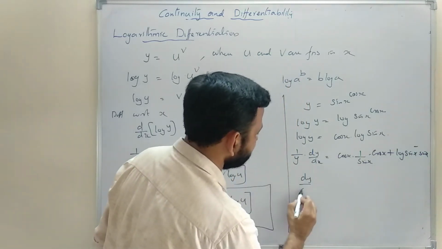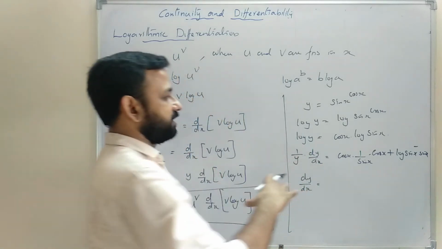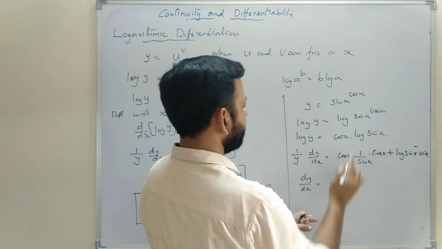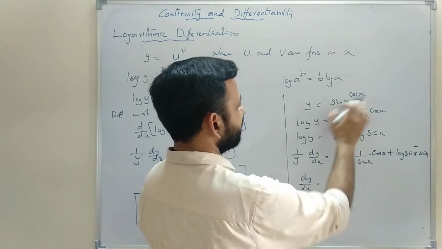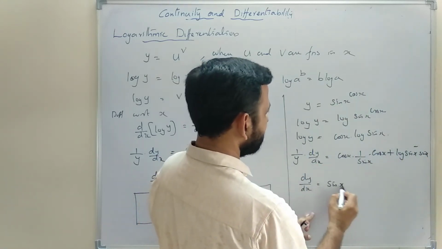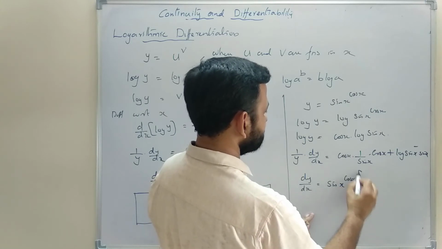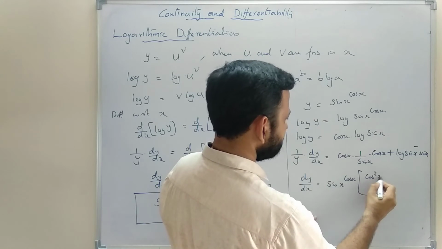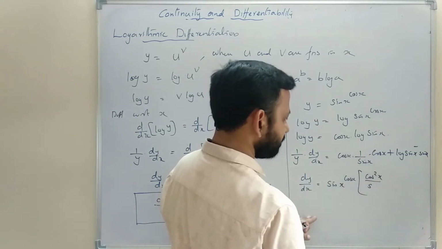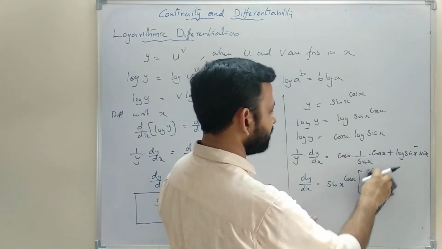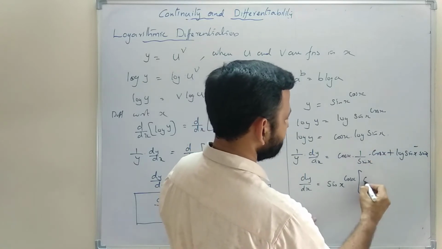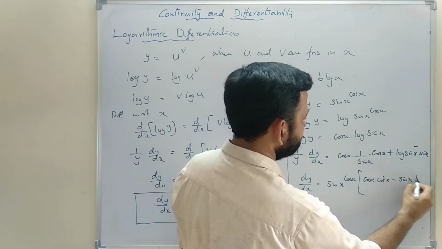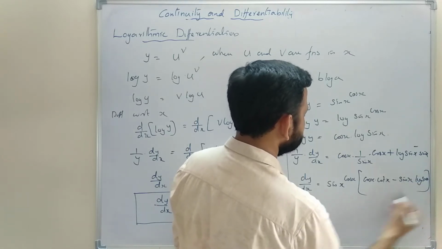Therefore dy by dx equals 1 upon y, so y goes to the right side and y can be replaced by the RHS, sin x raised to the power cos x into, simplify this one, cos square x upon sin x, or cos x upon sin x we can write as cot x, so cos x into cot x minus sin x into log sin x. So that is the answer.